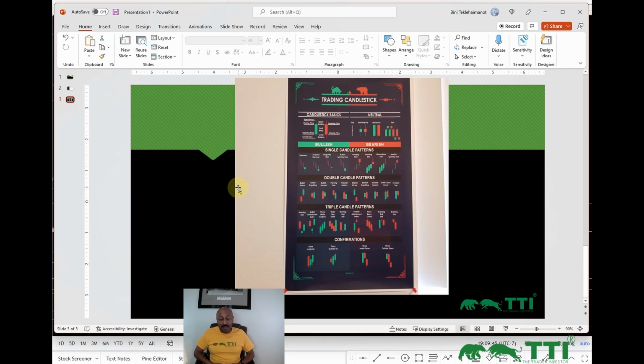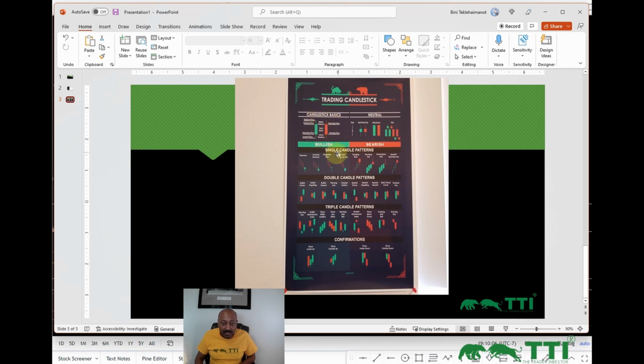Like, what does it mean when price is narrowing down or widening up? All of that I have in front of me. But that stuff we'll get into down the road. Right now, the only thing I want you to focus on is this candlestick basics.